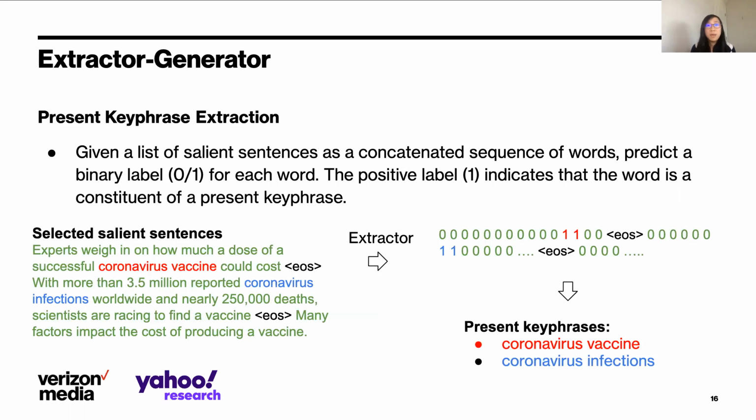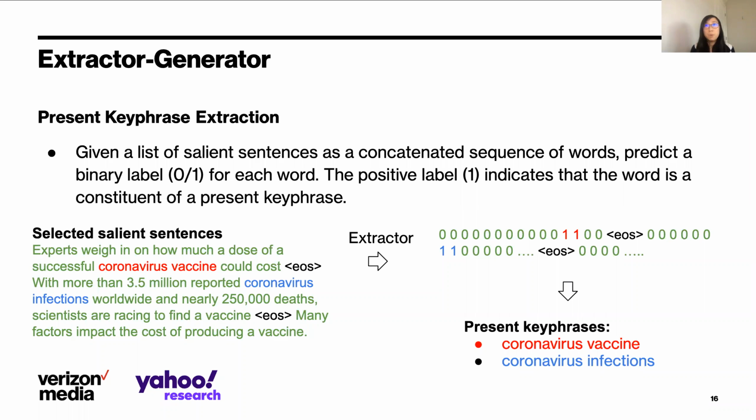Once we have the important salient sentences detected, I'll show you how the extractor and generator will work. As we said, present key phrase extraction and absent key phrase generation are two separate tasks in our setting. For present key phrase extraction, given the list of salient sentences, the goal is to predict a binary label for each word in the input sentences.